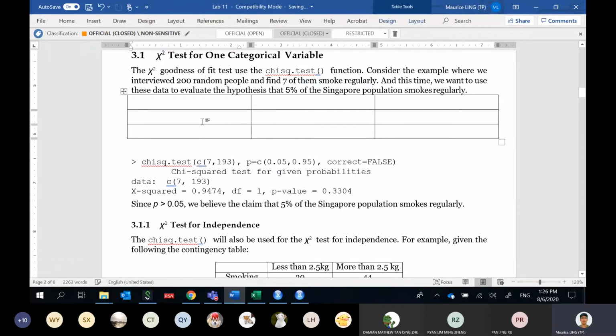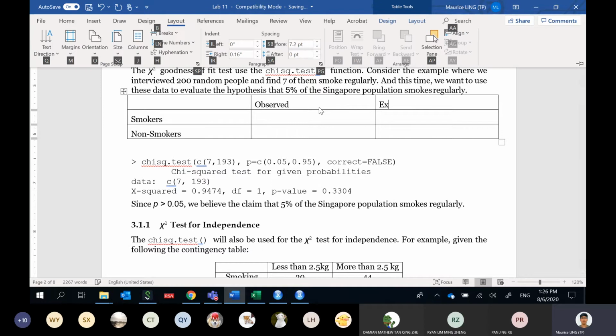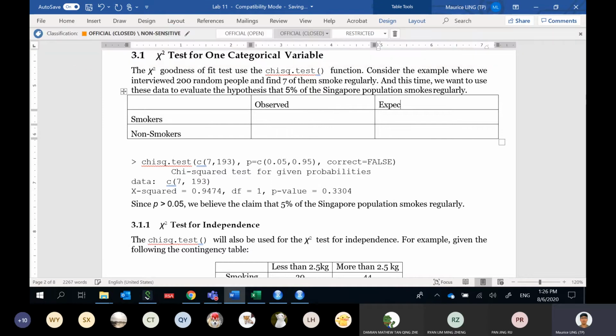So this is smokers, non-smokers. This is your observed. This is your expected. Observed, you have 7 who smoke frequently, and those that do not smoke frequently, because you interview 200 people, you end up with 193. Expected, you expect 5% to smoke frequently, so out of 200, you expect 10. So this will be 190.